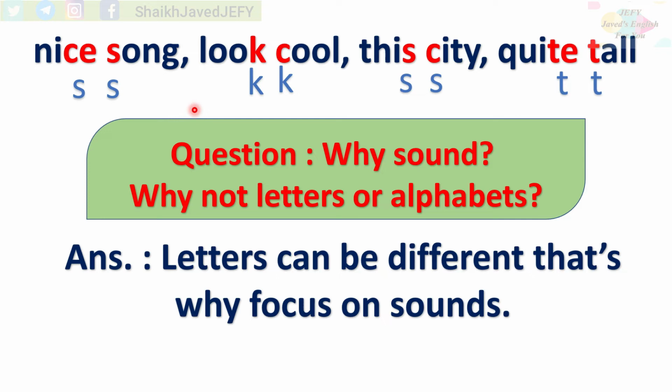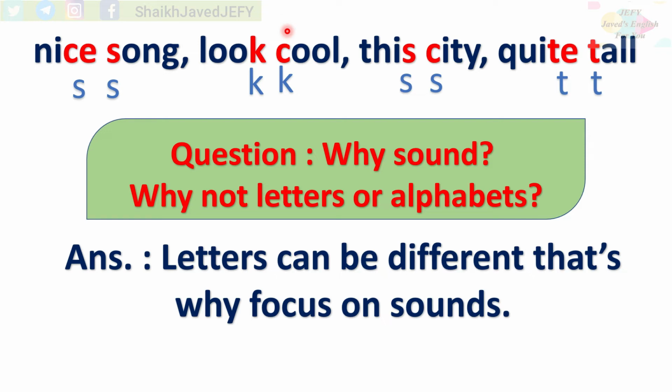Now look at the other example. Look, cool. This one ends in K and this one begins with C. If you look at the alphabets, if you look at the letters, it's not possible to link these words. But if you ignore the letters and just focus on sounds, then it's very easy to link these two words. Look cool, like that.